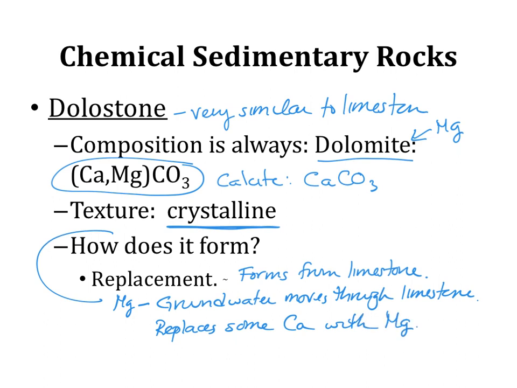So because that happens, we don't consider this a biogenic rock. The previous limestone might have been biogenic and might have had shells. But when you get the groundwater moving through the limestone and you have this replacement, it recrystallizes everything. And so instead of crystals of calcite, you have crystals of dolomite.